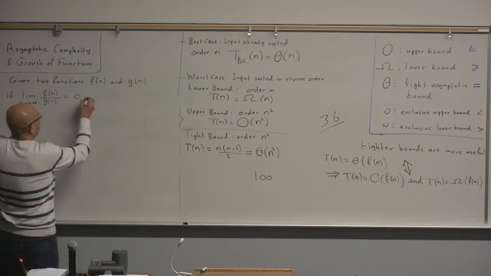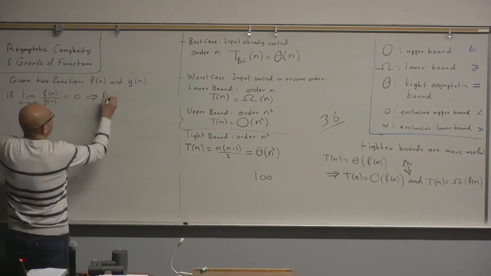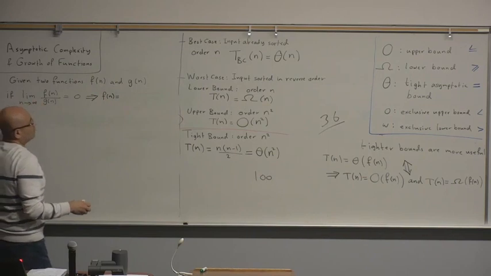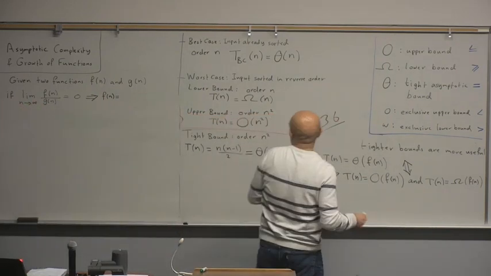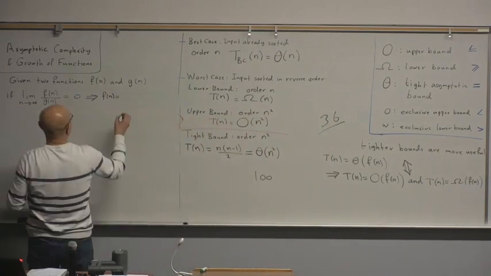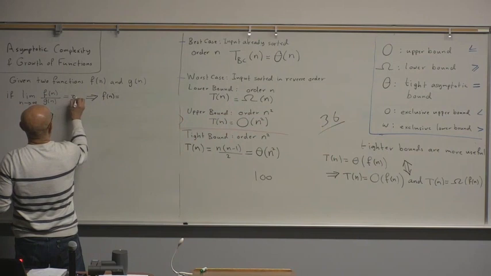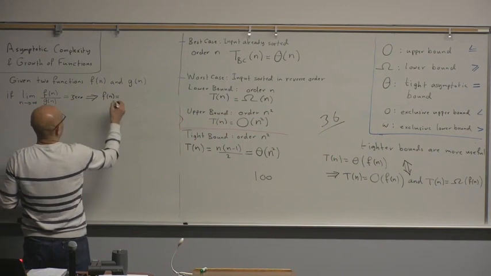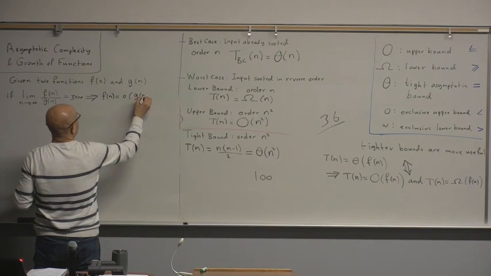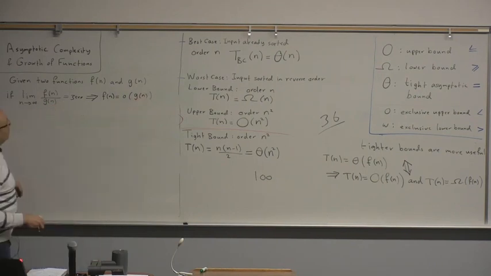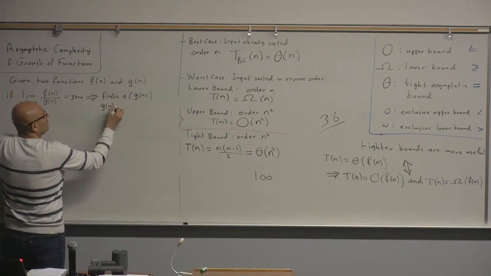So this implies that f(n) equals small o of g(n), since it's less than, and less than is small o. It's 0, so that you don't think it's big O or something.